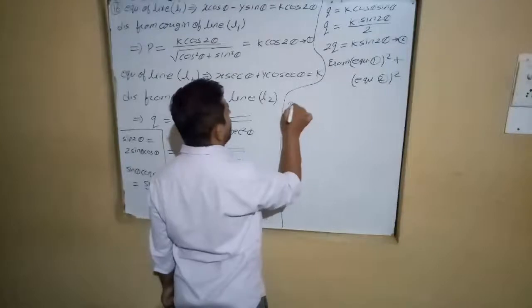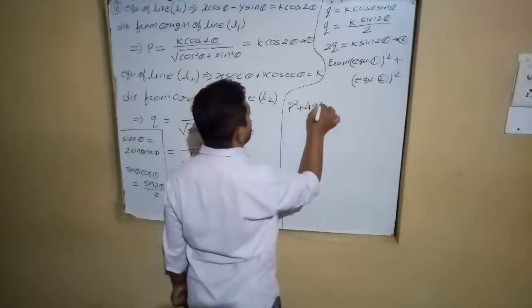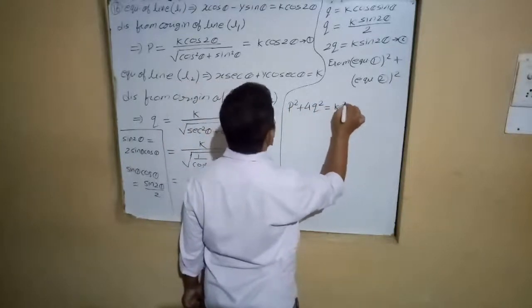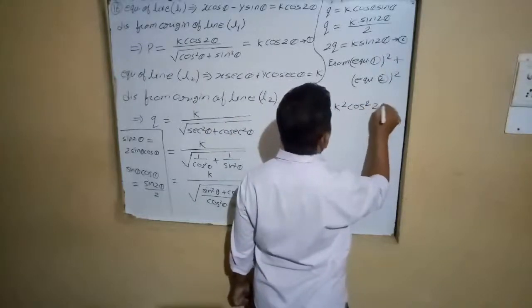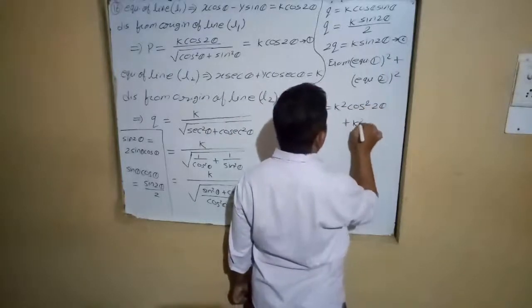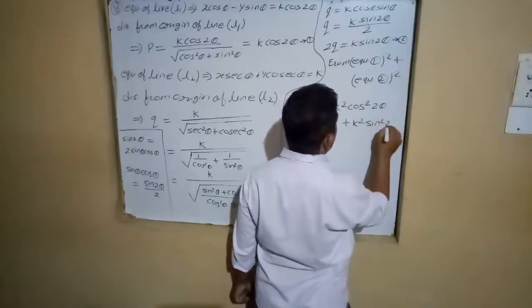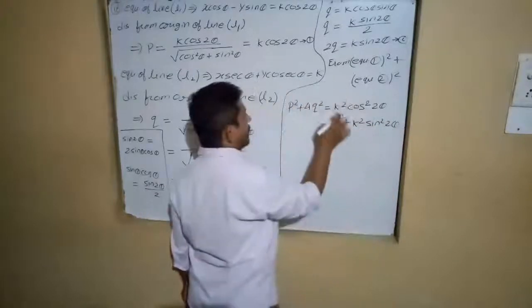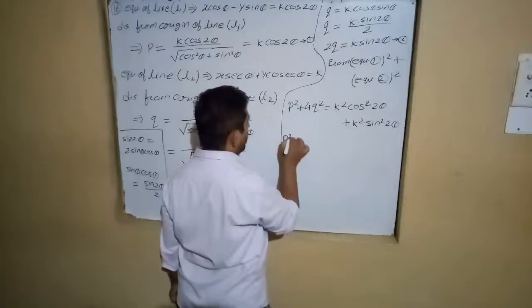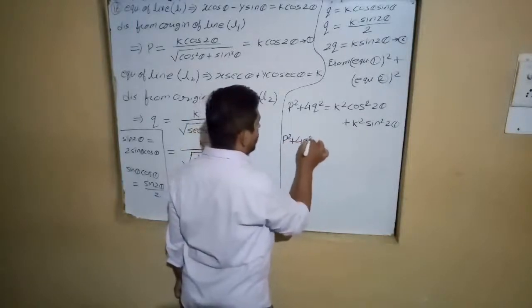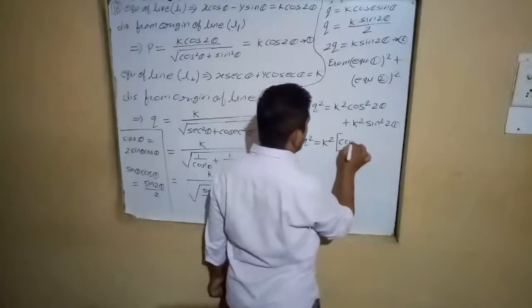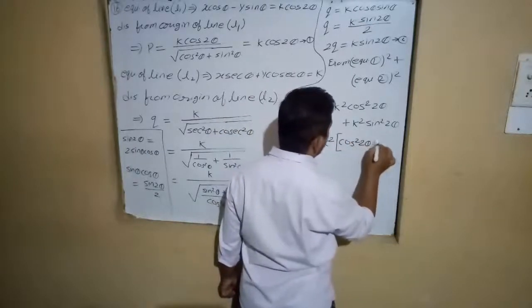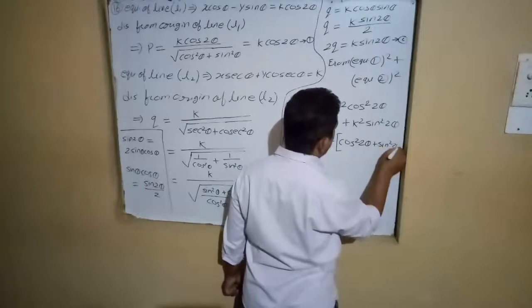So P square plus 4Q square is equal to k square cos square 2 theta plus k square sin square 2 theta. From here we can take k square as common. So P square plus 4Q square is equal to k square (cos square 2 theta plus sin square 2 theta).